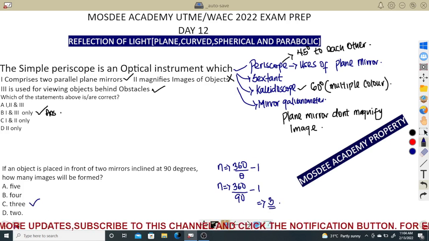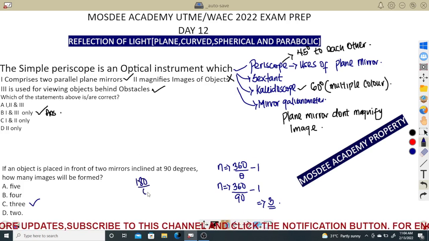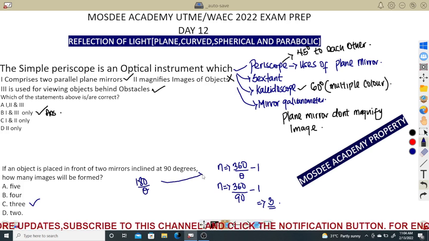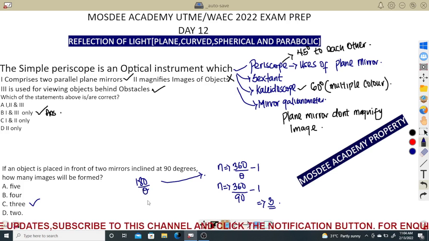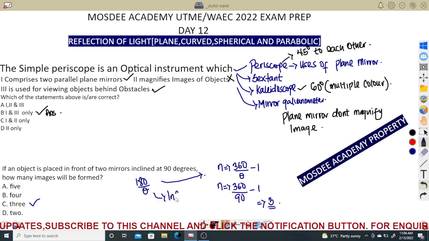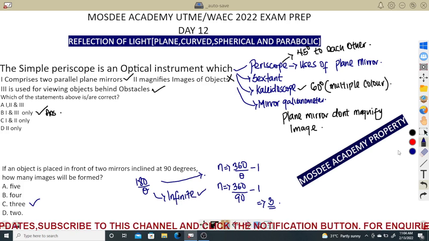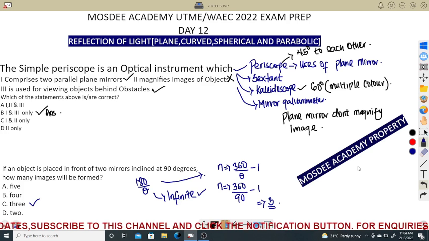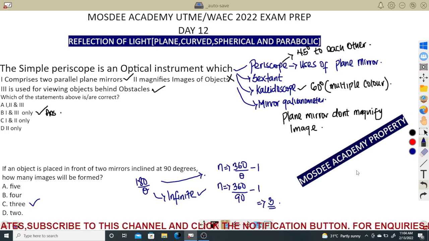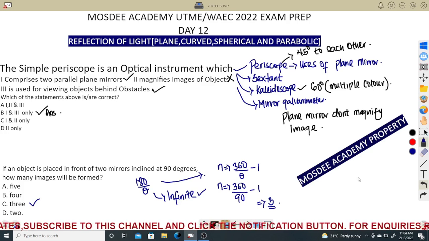Be careful about this type of question as well. If 360 is divisible by the angle, this is how we come about this. But if the angle does not divide evenly, we say it is going to give an infinite number of images. Many of you in your junior classes have studied a situation where, when you sit at the focus of a mirror, the image formed is at infinity.